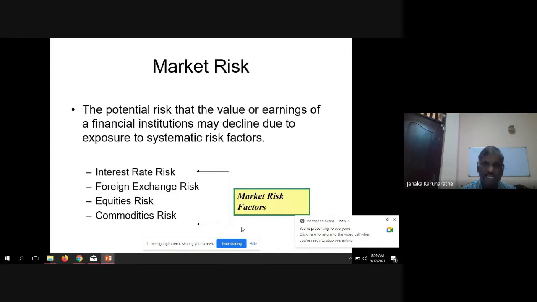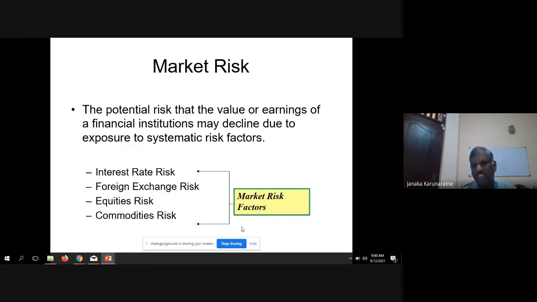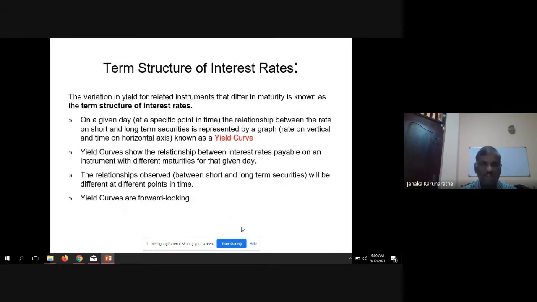So basically, let me recap what we did last time. We move on to the main topic, market risk, of which we started with a basic introduction to market risk and the different components we discussed, and the definitions of the interest rate structure. What do you mean by interest rate?